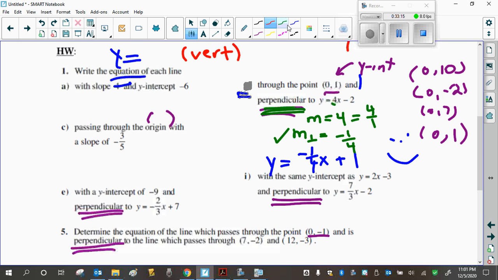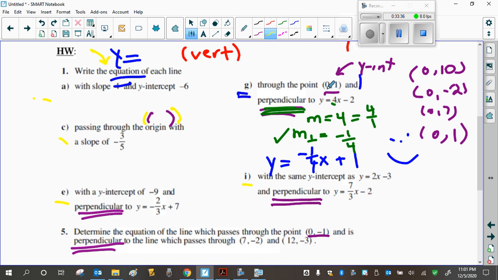So first of all, right here, number 1 says write the equation. So all of these should have y equals at the start, so you don't lose a half mark every single time. Yikes. Origin, you should know what the origin is, that point.